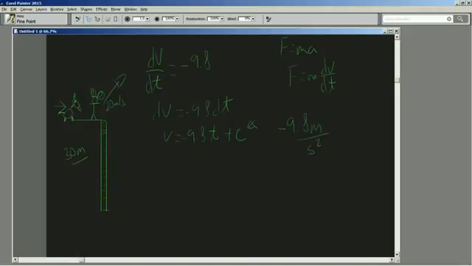Well, we know the initial velocity was 20 meters per second. So we can set 20 meters per second for our velocity at t equals 0, right? So 20 is equal to negative 9.8 times 0 plus c. Well, this goes away, and we're left with 20 is equal to c.